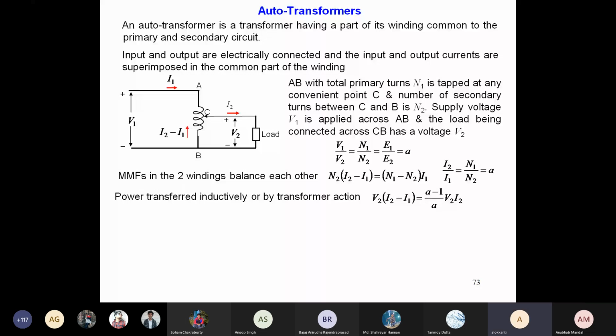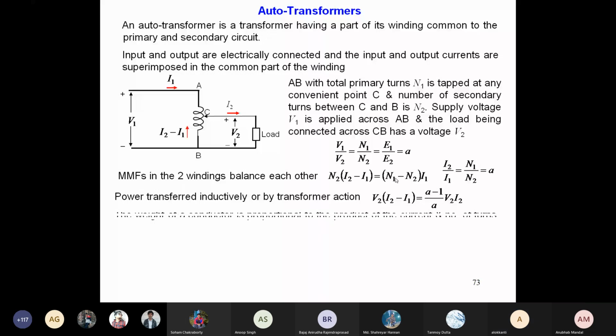So today we will go a little bit more than 5 p.m. because I want to complete the auto transformer numerical also. It is a very interesting numerical which you'll find interesting. So the power transferred by the inductive action is basically this.